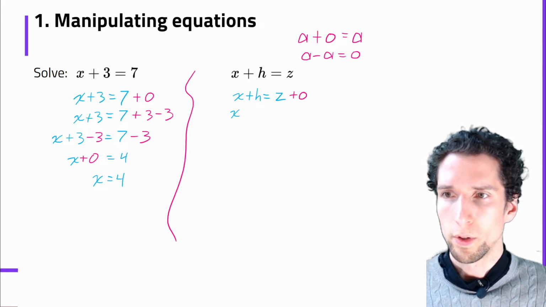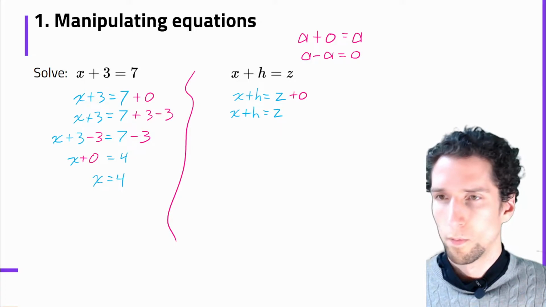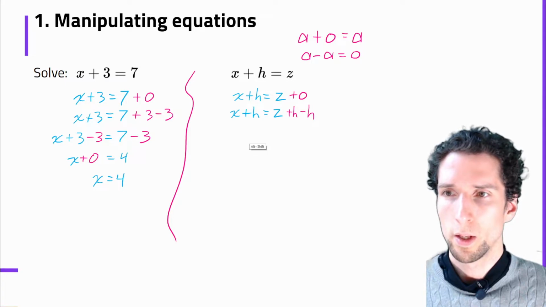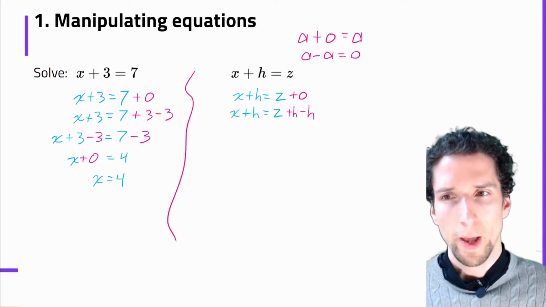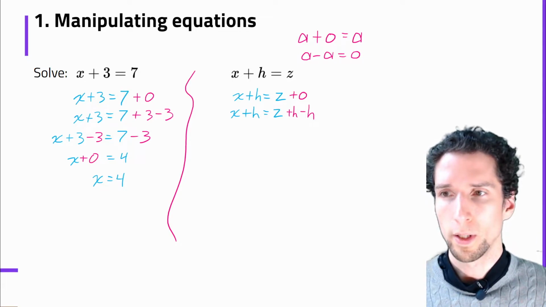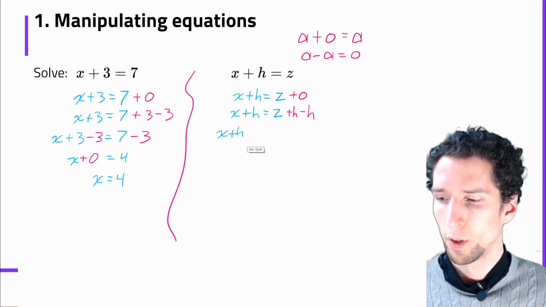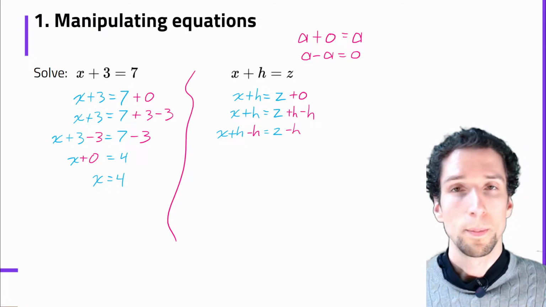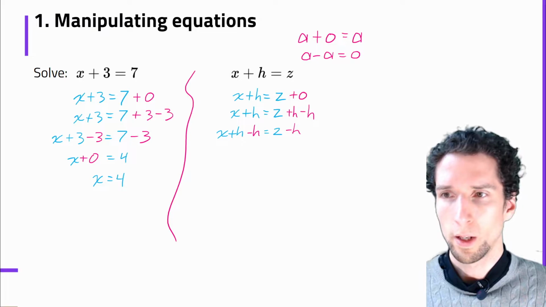Well, we can also do x plus h equals z plus h minus h, and then instead of adding and subtracting on the same side, which is still balanced, let's just subtract: x plus h minus h equals z minus h, like this.